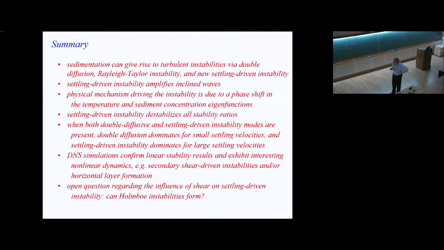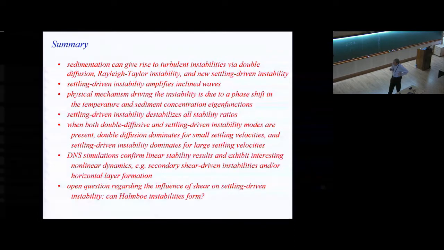So let me then just summarize. So we saw that sedimentation in fluid from rest can give rise to these turbulent instabilities via various mechanisms. It can either be double diffusion, it can be a Rayleigh-Taylor instability, and this new settling-driven instability that we identified. And in particular, of course, this new instability was of interest to us.